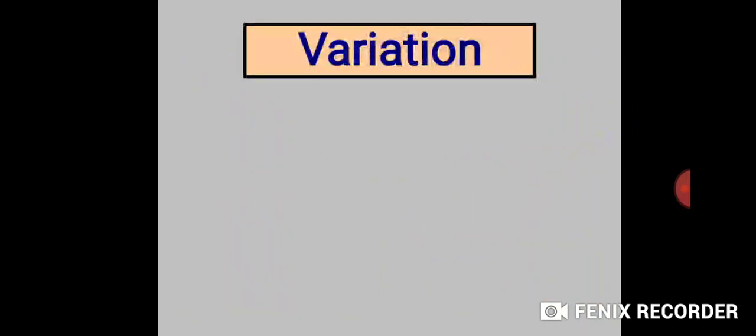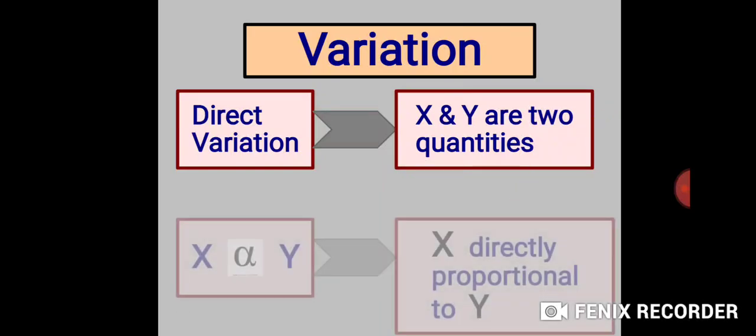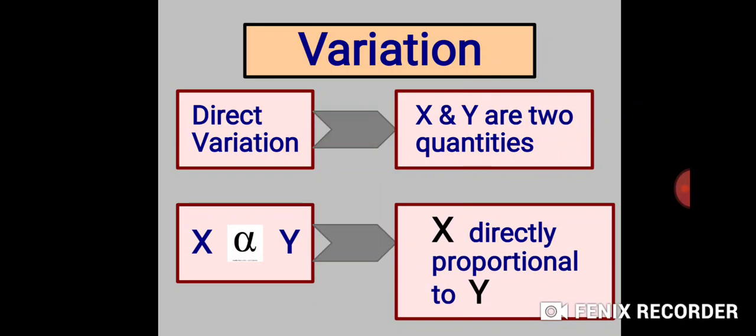In direct variation, x and y are two quantities or two variables. In the slide we see x directly proportional to y, and to show proportionality we use a mathematical symbol.